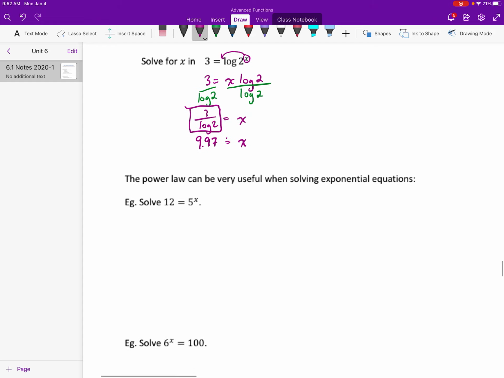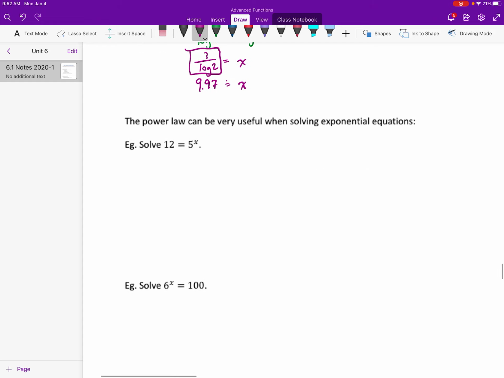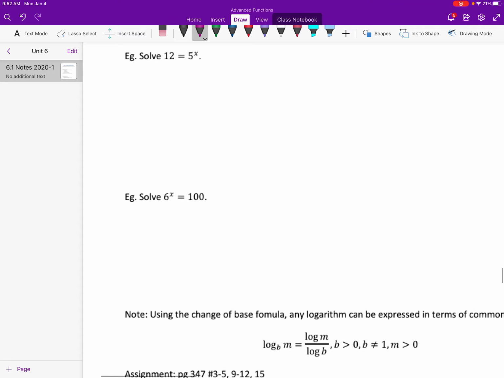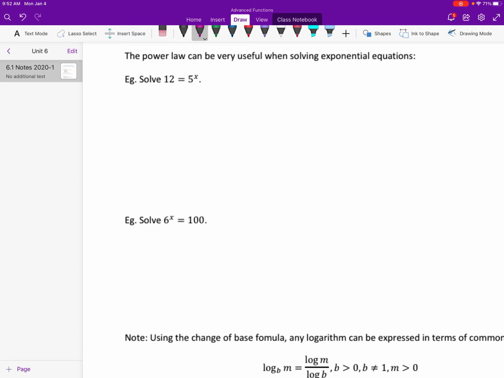Okay, the power law can be very useful when solving for exponential equations. So remember, in grade 11, you were only able to solve for the exponent by guessing and checking. So we can do one better this year, and we can actually solve for the exact value. Again, there's a couple ways we can solve most of these problems, but let's make this an easier problem.